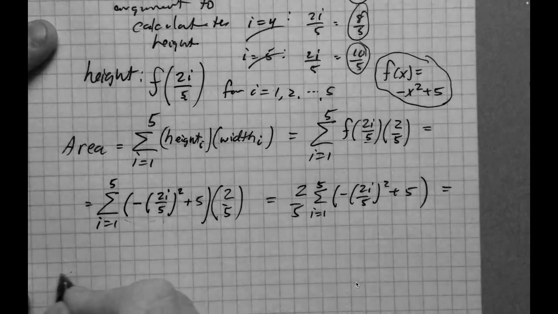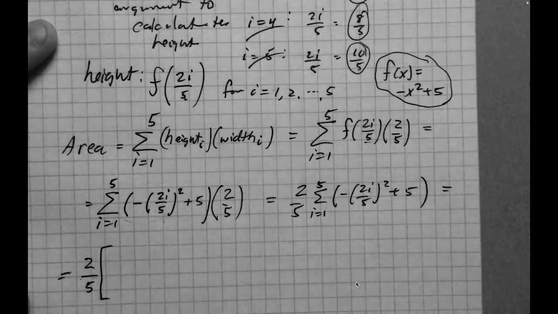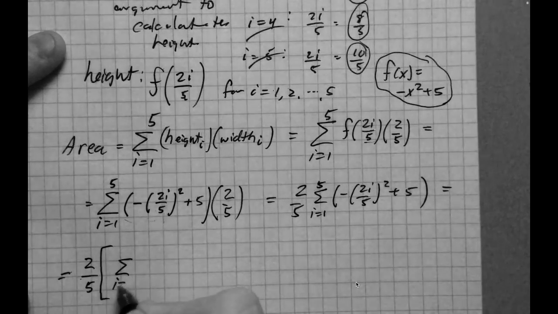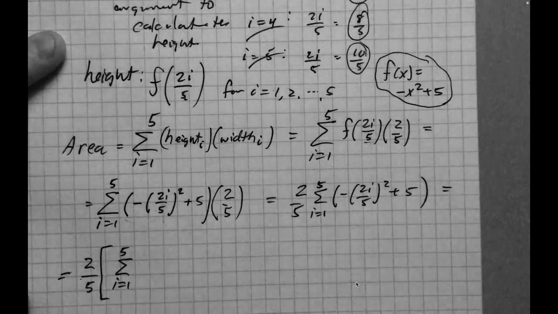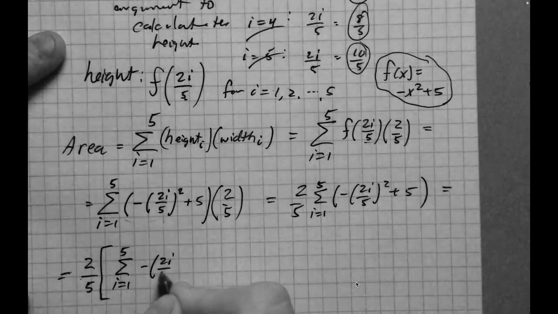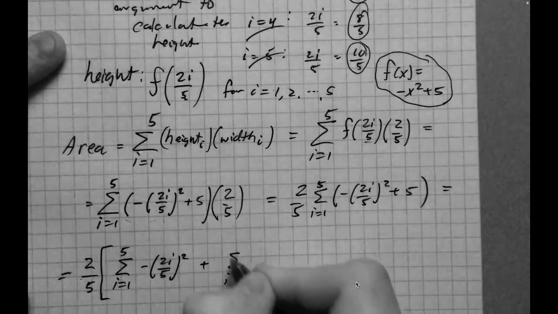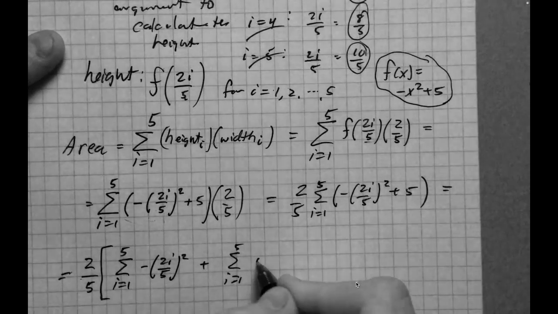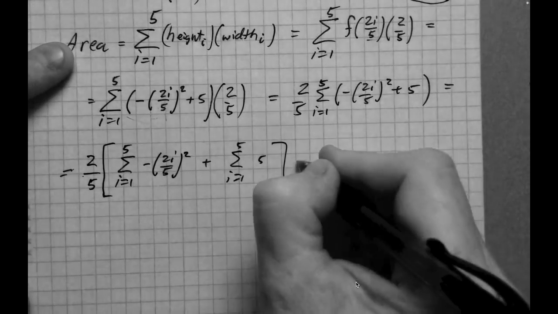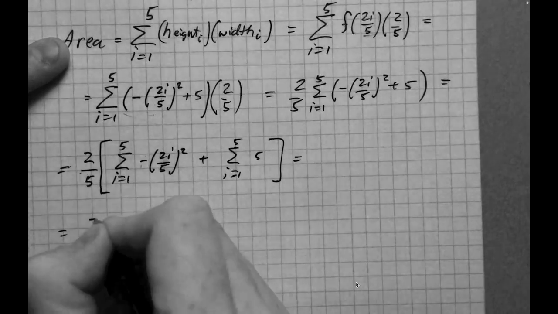I'll just go through it. So you've got the 2/5, and then you can break this into two sums: i equals 1 to 5 of negative 2i over 5 squared, plus the sum i equals 1 to 5 of 5. Okay, we can do that. And then this could be cleaned up in here.